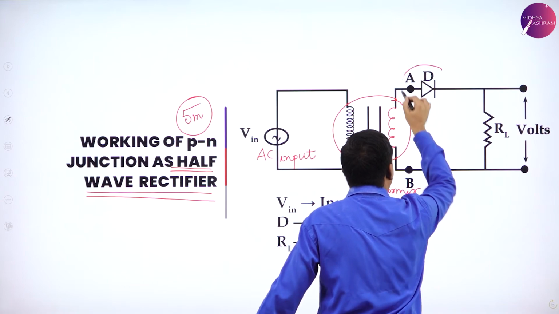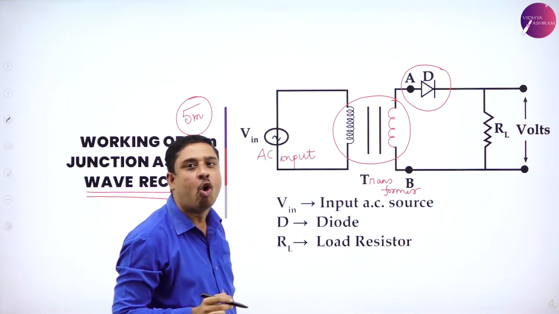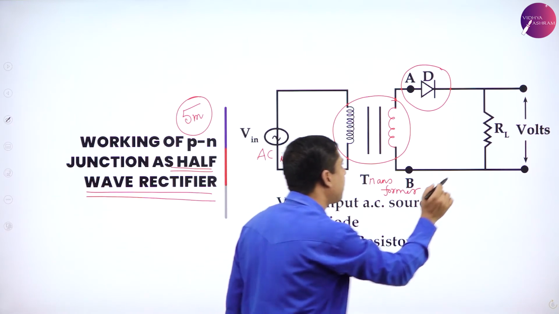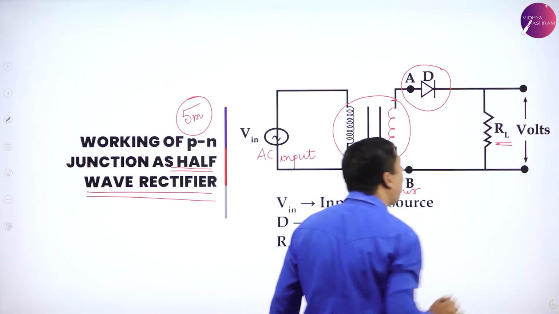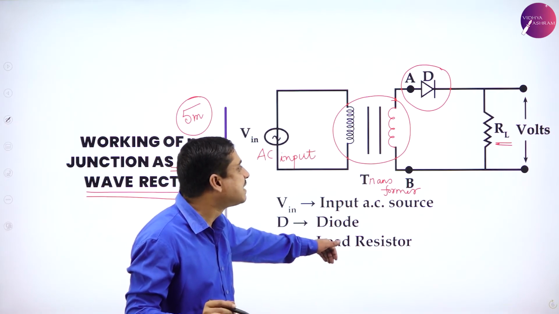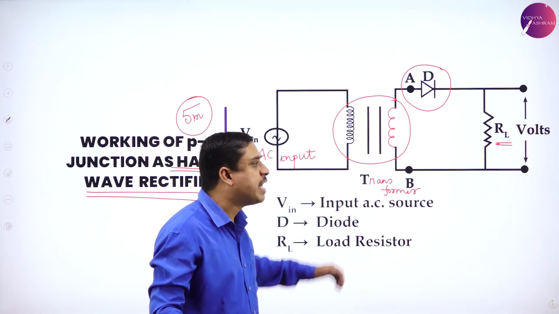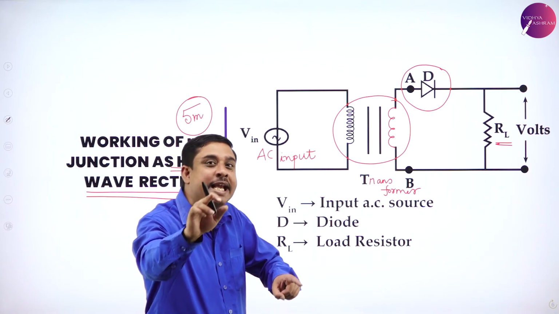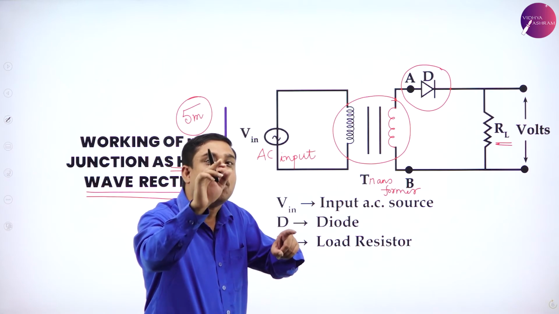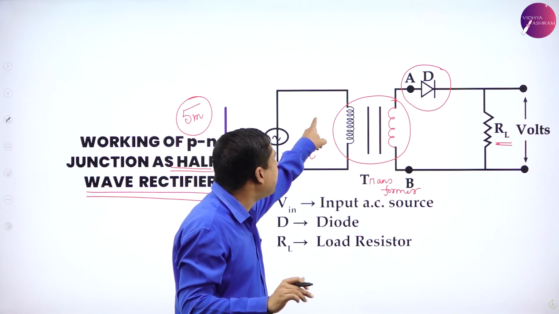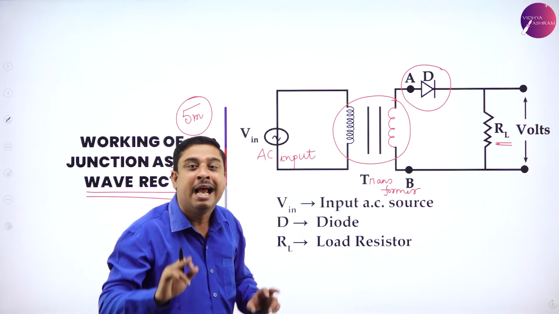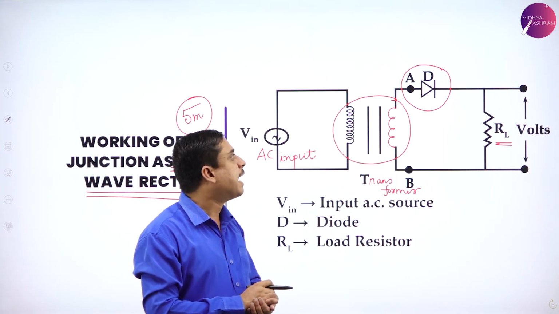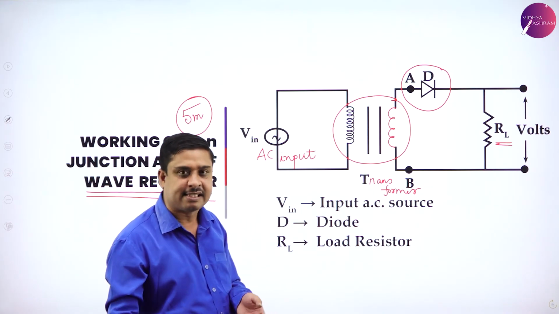This is the junction diode which is used for rectification, and this is called the load resistor across which we are measuring the output. So, input AC to be rectified is fed to the transformer, and the rectified DC is measured across the load resistor.